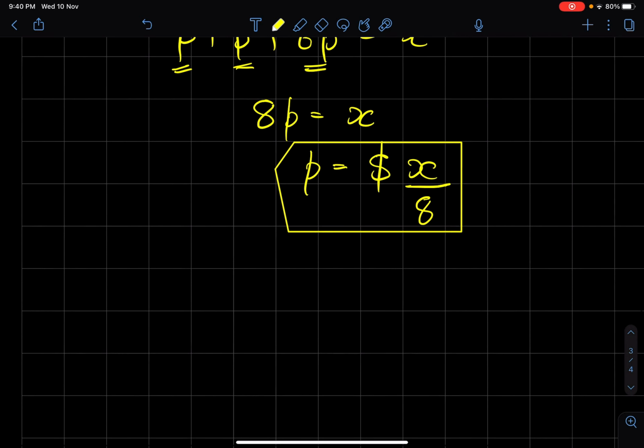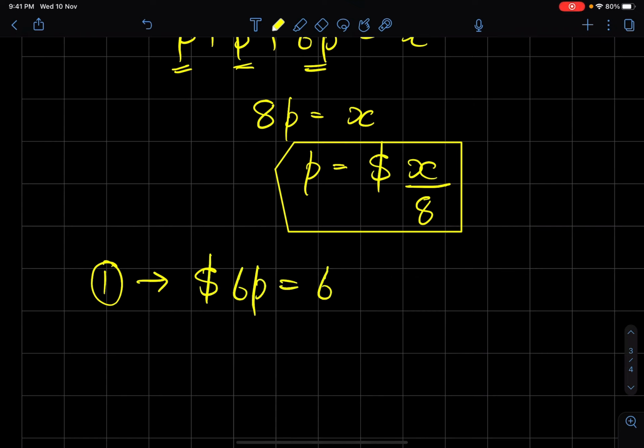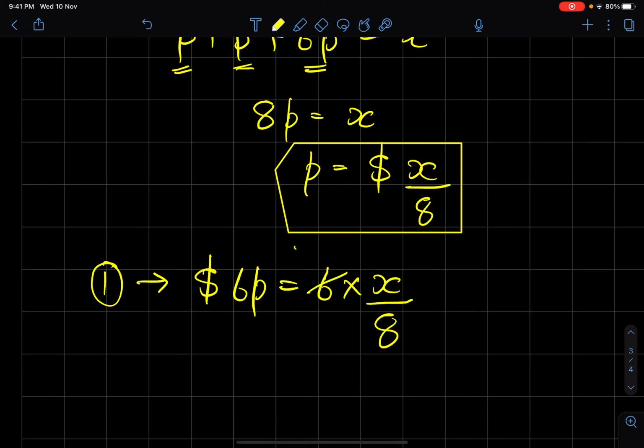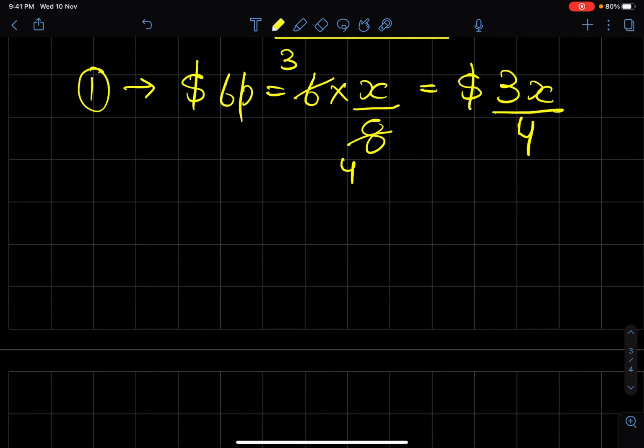So person 1, who gets $6P, gets 6 times P, and we substitute P as X upon 8. We cut this by 2, so it's 3 over 4. This makes it $3X upon 4. All right.